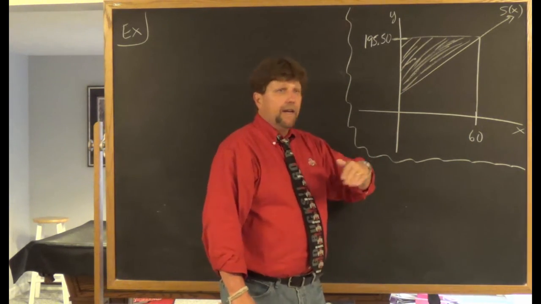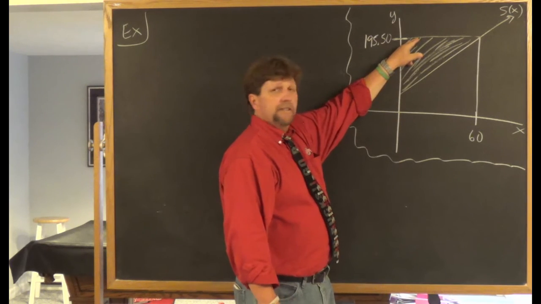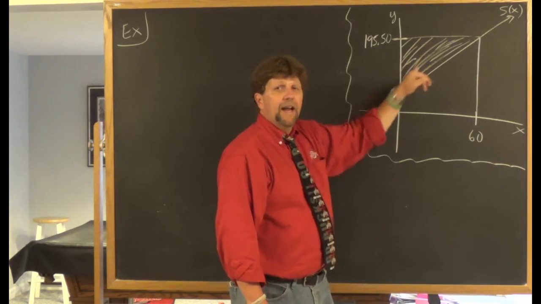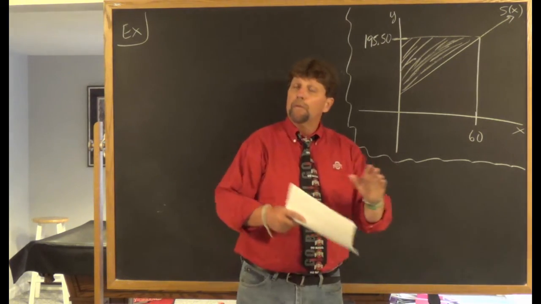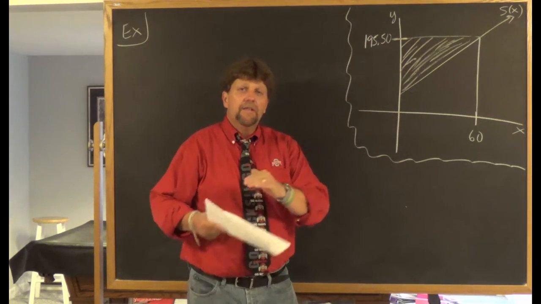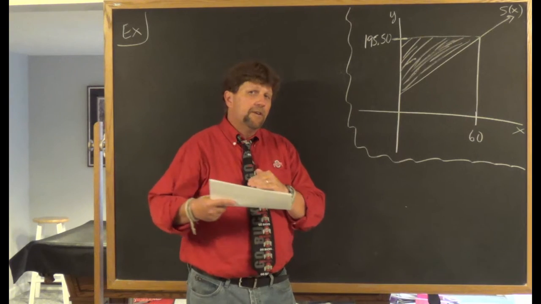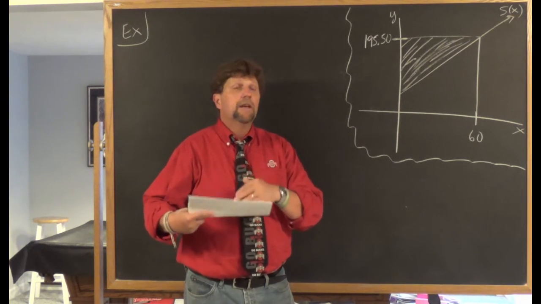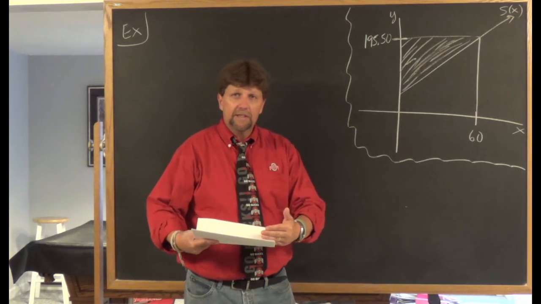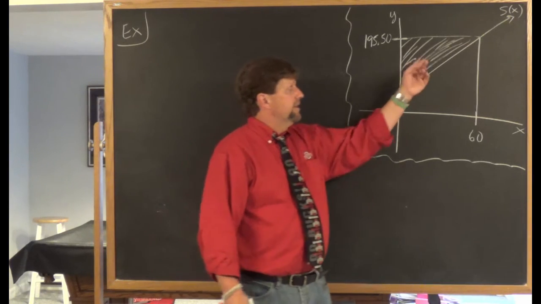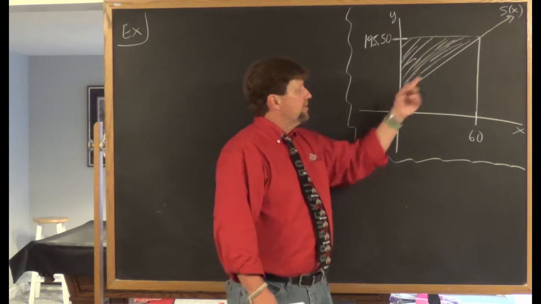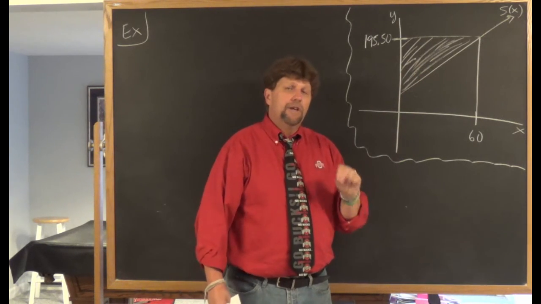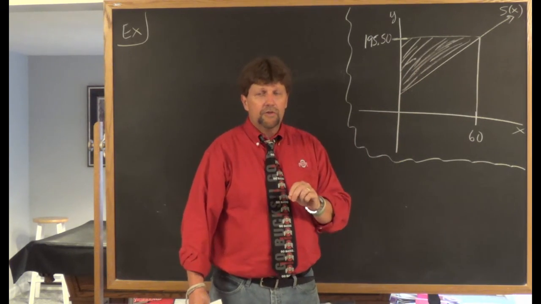So the area between the price and supply is going to be the producer surplus. Remember, for a demand function, the area between the demand function and price was the consumer surplus. The area between the supply function and price, that's the producer surplus. So all we have to do is find the area of that region. That will tell us the producer surplus.